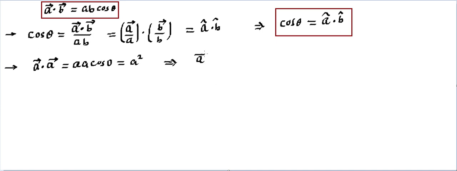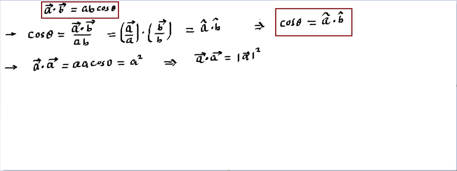This a vector dot a vector is basically mod of a vector square, that means magnitude of a square. So I'm writing simply a, basically it's indicating mod of a, which is a square.